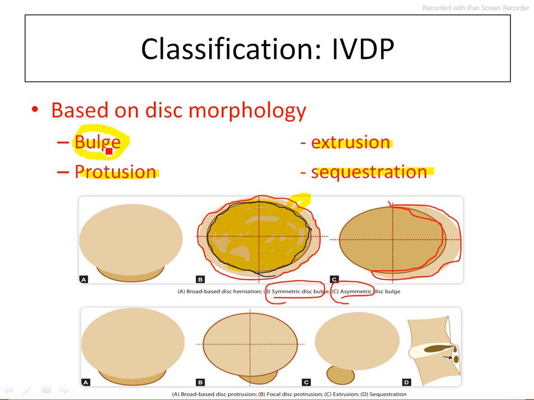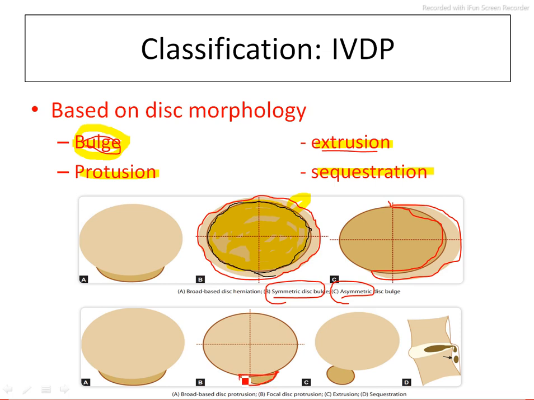So this is nothing but bulging. Another is extrusion. So in what case do we call it an extrusion? So extrusion, you see here, this is the extrusion part.